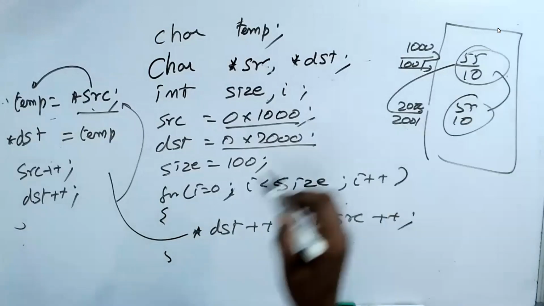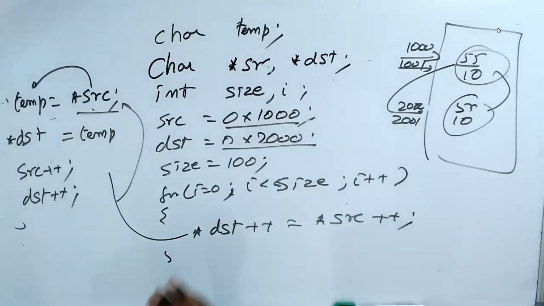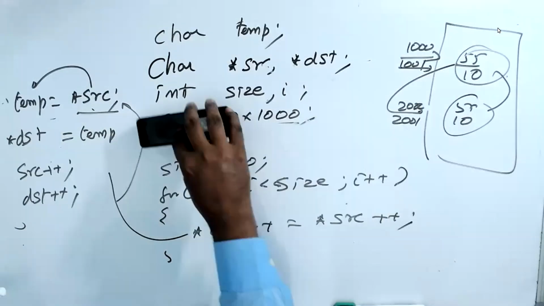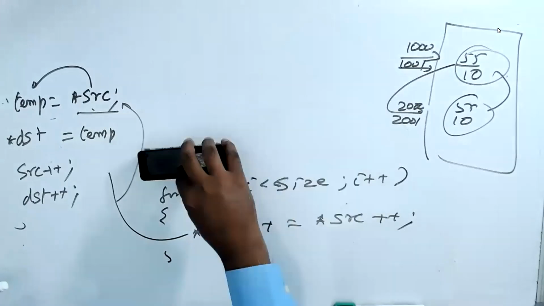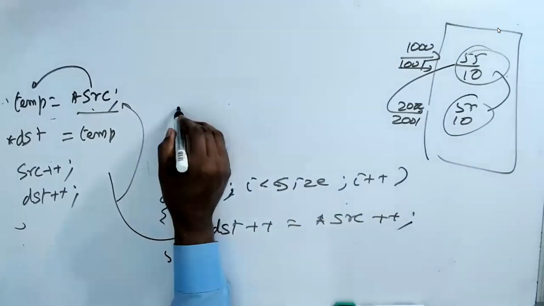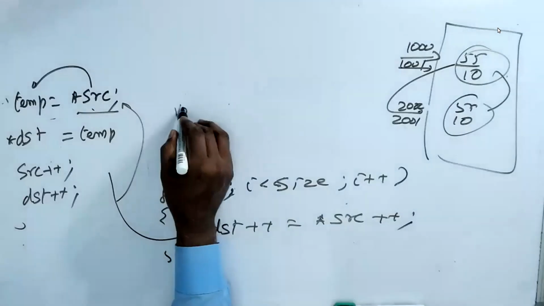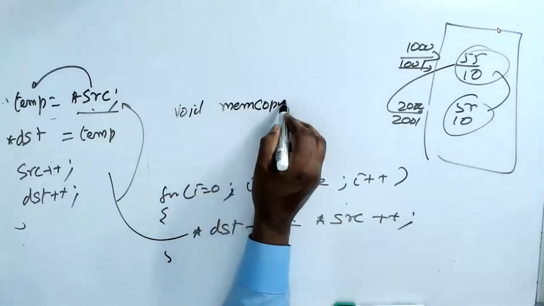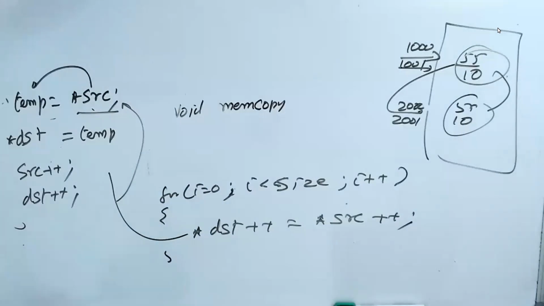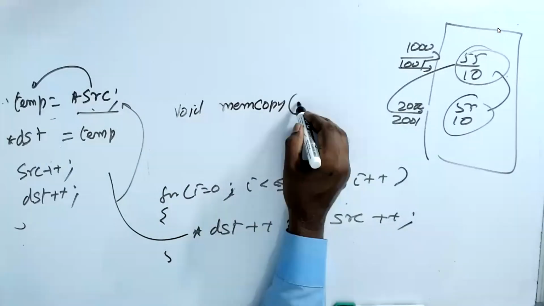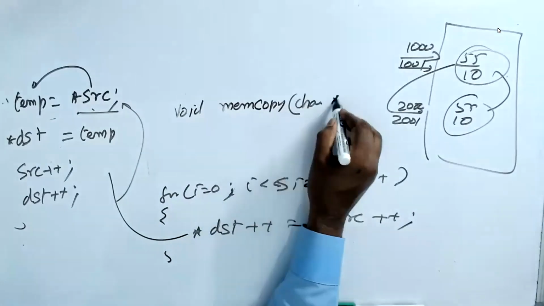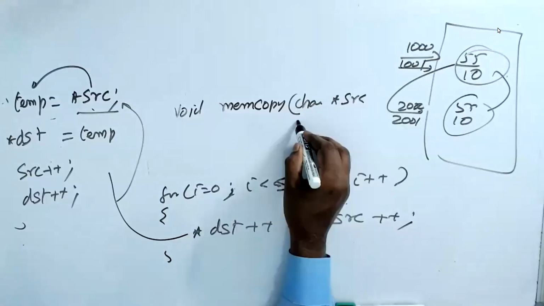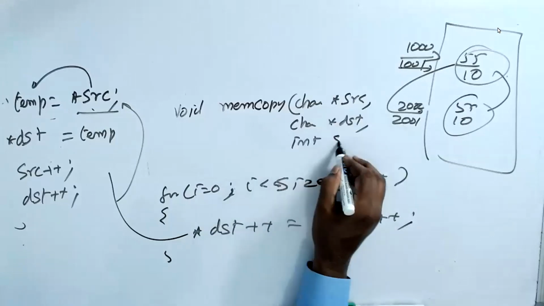This can be written as a function. I remove all of them. I say void, assuming I don't return anything, memcopy, then char *source, char *destination, int size.